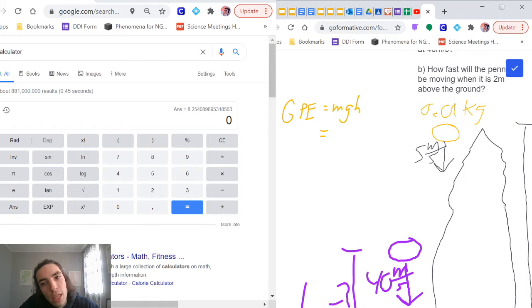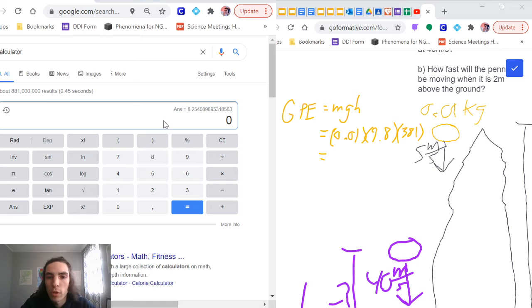We'll assume that this is the Empire State Building on Earth and not some other planet or large mass. So we're going to plug in the mass, which is 0.01 kilograms, 9.8, which is our acceleration due to gravity on Earth, that's the g, and then the height is 381 meters. Okay, and now if I calculate that over here, 0.01 times 9.8 times 381.